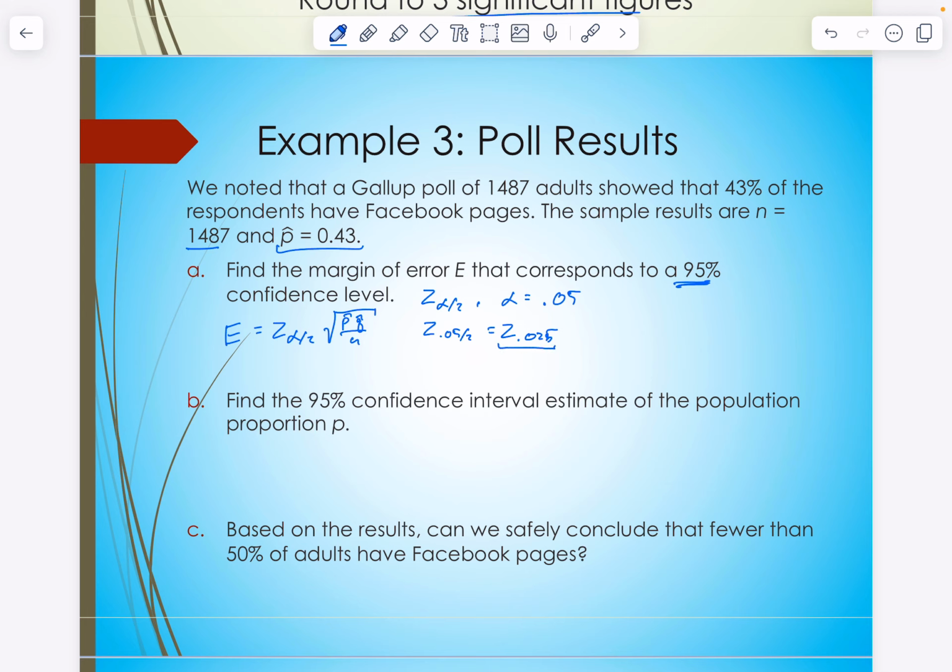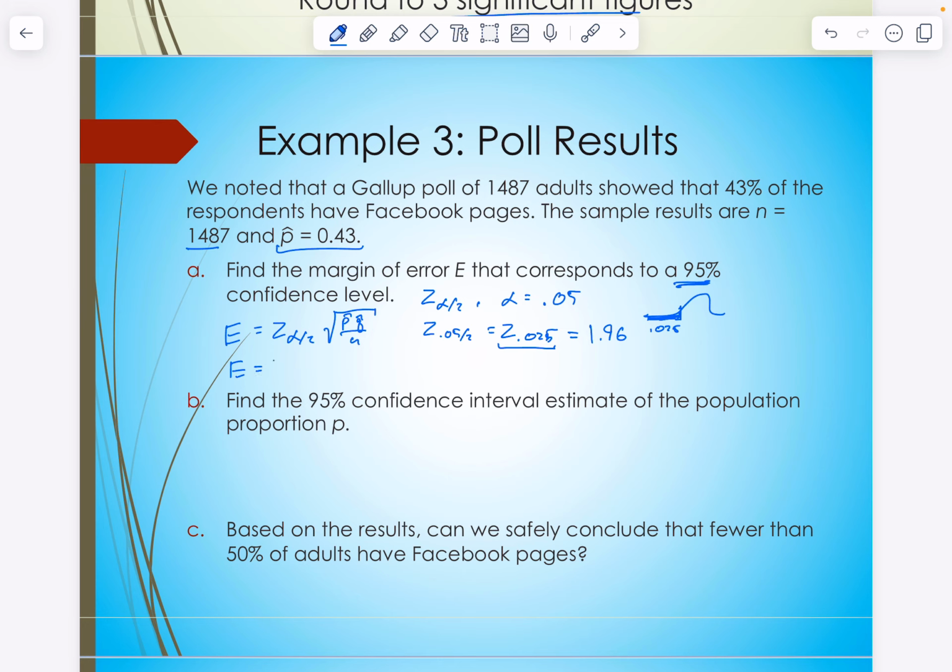We found it by looking at the table where there was an area of 0.025 to the left. That's easy to look up on the table. It gave me a negative value, and I just made that positive because critical values are always positive. This turned out to be 1.96. That's the first part of my margin of error.